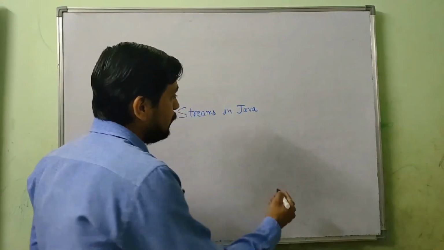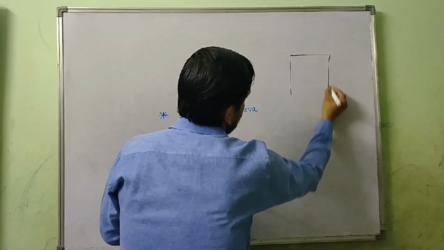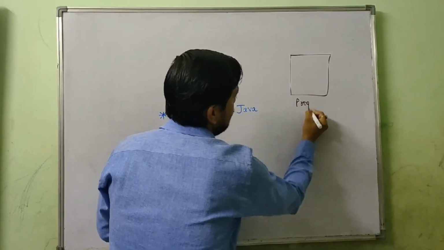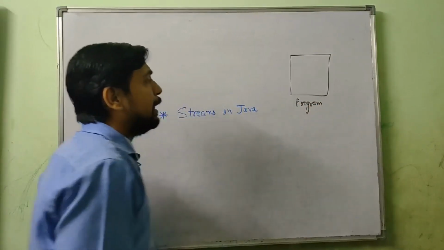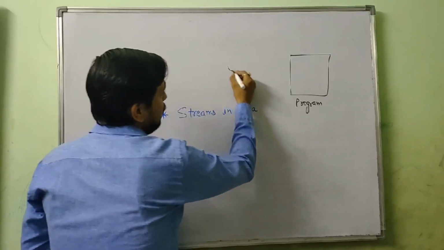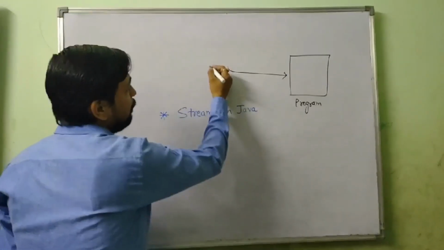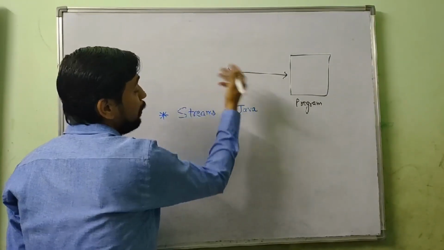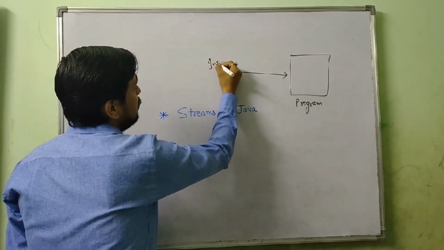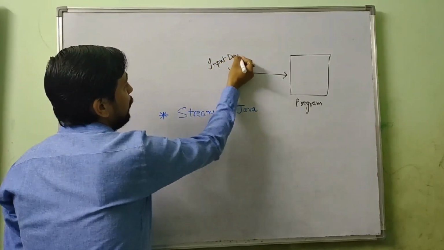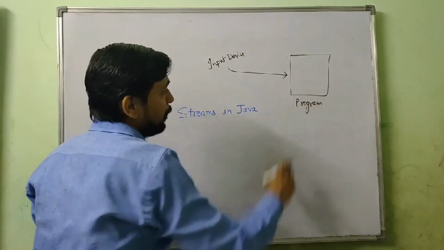Now to understand this, suppose this is our program, and this program is actually taking input, taking some values. So definitely we will give input with the help of an input device. We will take help of an input device and provide input to this program.